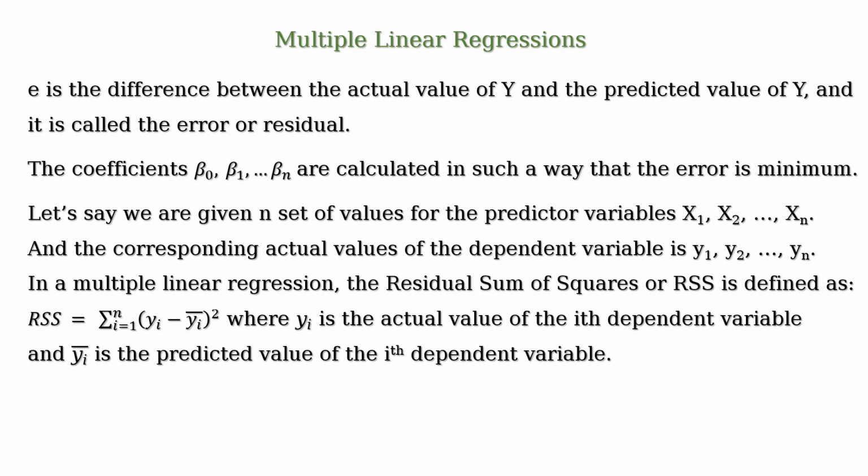In multiple linear regression, the residual sum of squares, or RSS, is defined as RSS = summation from i = 1 to n of (yi - yi bar) whole square, where yi is the actual value of the ith dependent variable and yi bar is the predicted value of the ith dependent variable.